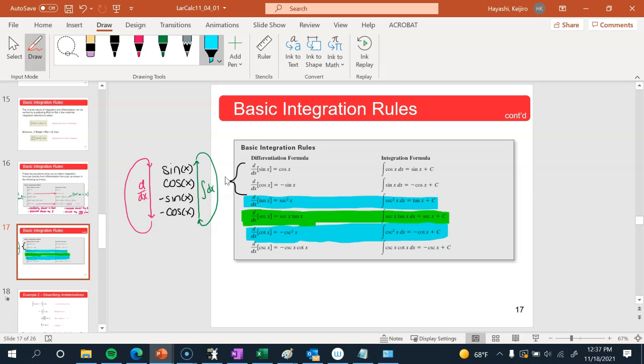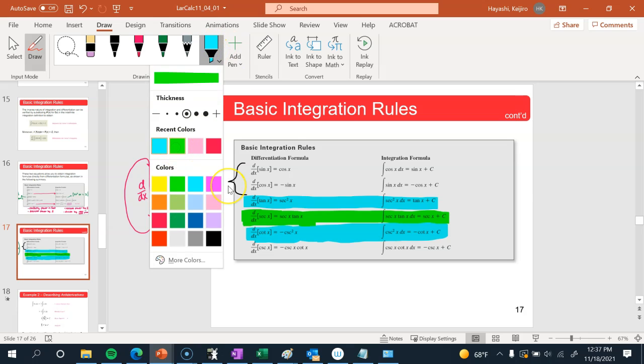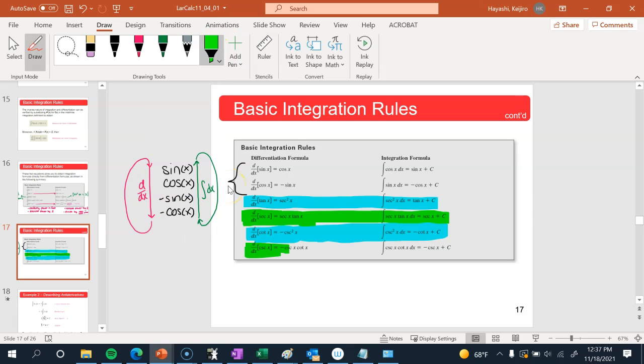So the integral of cosecant squared will be negative cotangent. And in a similar way, because the derivative of cosecant is negative cosecant cotangent, if you ever have to find the integral of cosecant cotangent, that would be negative cosecant. That's just those trigonometric derivatives, but read backwards.